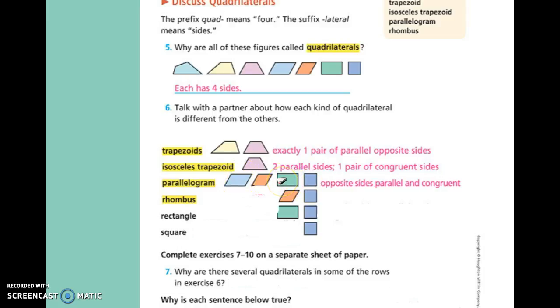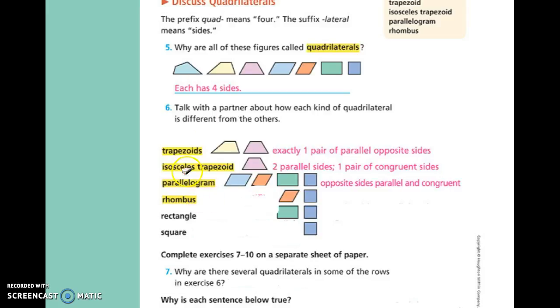Okay? And they're congruent. So the opposite sides are the same length as each other. So these two lines are the same length, and these two lines are the same length. In the rectangle, these two lines are the same length, and these two lines are the same length. Okay? All right.